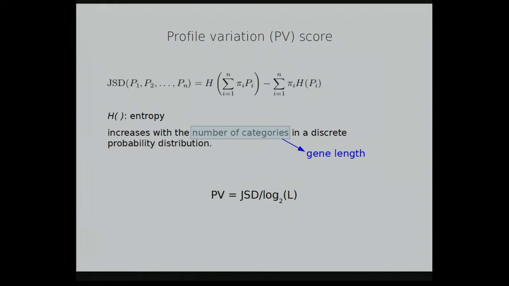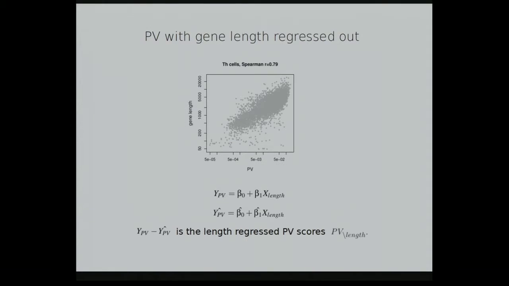So so far we have a PV score, the profile variation score, and then we proceed to check how this profile variation score is correlated with other gene features. The first thing we check is, although we have normalized the gene length in the definition, we again want to check how it is correlated with the gene length after this normalization.